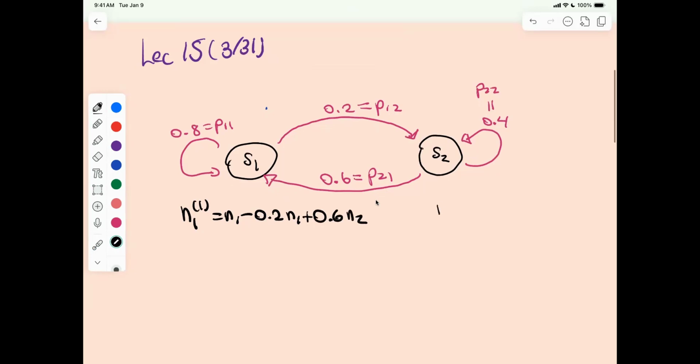And similarly for the other one, after 1 year, how many people have no cell phone is the original number. Then you lost 60% of those without a cell phone, but then you gain 20% of those with a cell phone. Okay, so that is how the formulas look after year one.